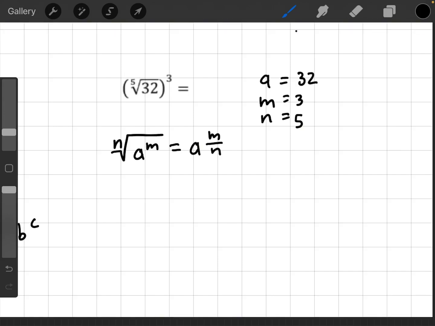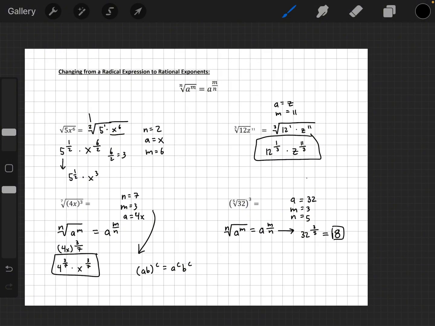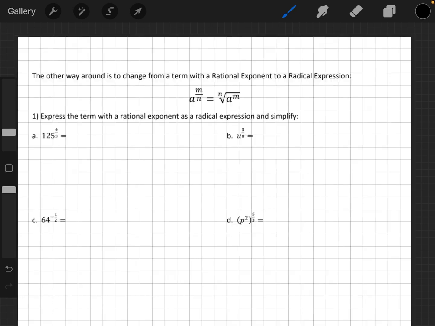Once we have these values, we can rewrite it in this form: a, 32, to the power of m, 3, over n, 5. With a calculator, this can be simplified to 8. So in this example, we found a numerical value because we're not working with unknown variables. Using the same idea and formula that we just talked about, we'll do it in reverse order. We'll change them from rational exponents to radical expressions.